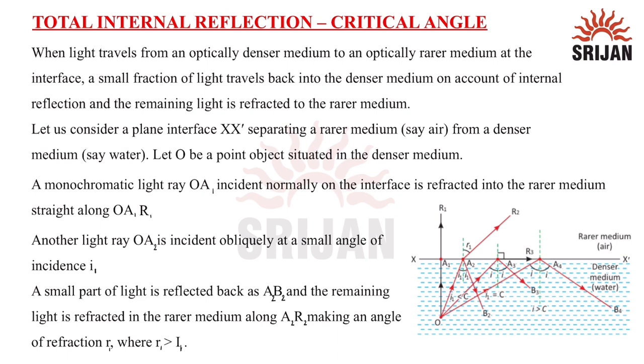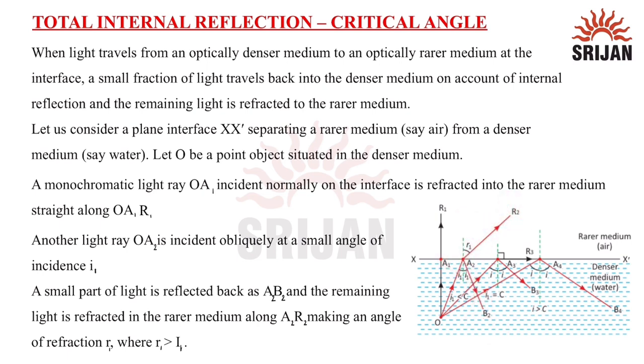Now, another ray of light OA2, incident obliquely at a small angle of incidence, that is I1. This is angle of incidence I1. A small part of the light is reflected back, that is A2 B2, and the remaining light is refracted in air, that is A2 R2, with an angle of refraction R1.